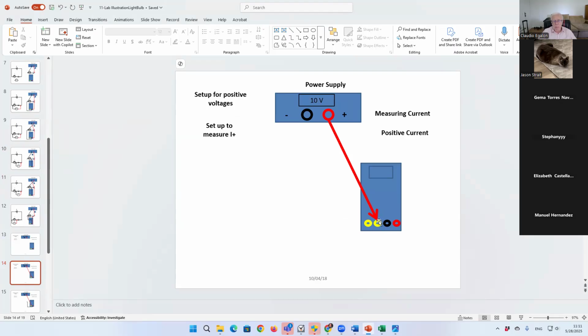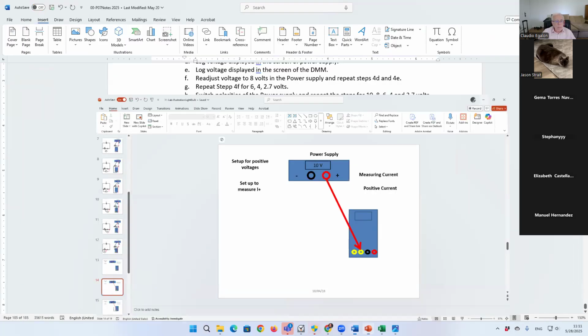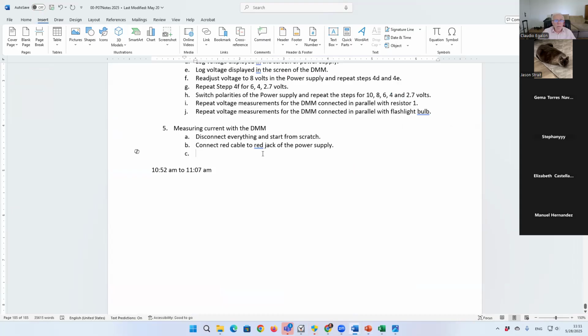Many multimeters give a different color to the current jack. In this case, the multimeter at the college has a yellow current jack. So connect the red cable to the red jack of the power supply, and the other end of the red cable to the jack of the DMM used to measure current.